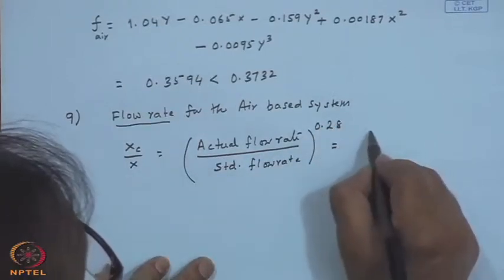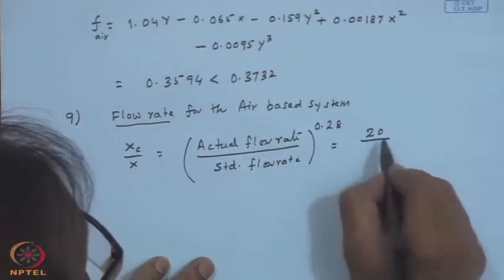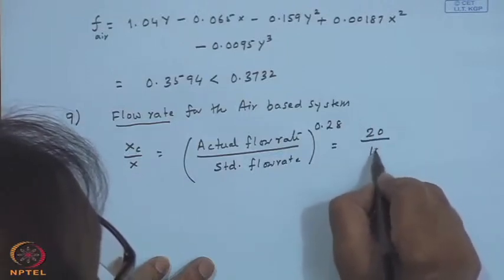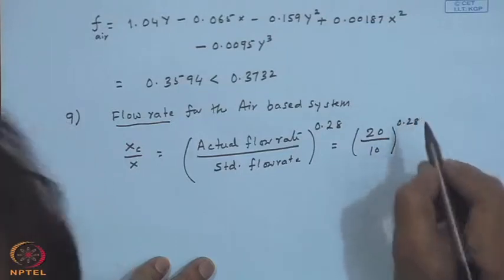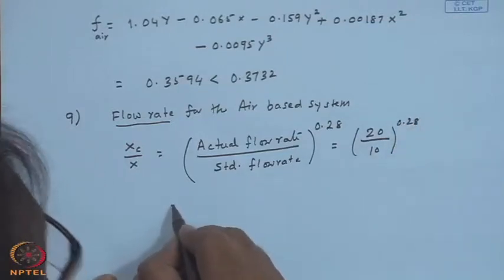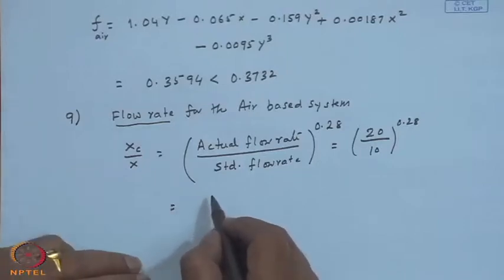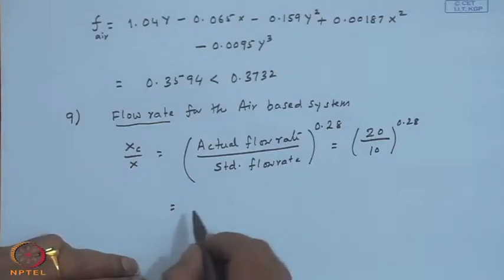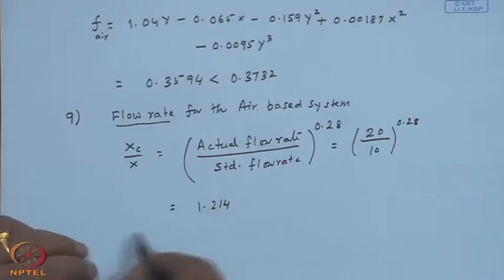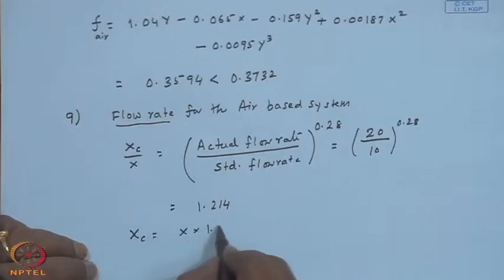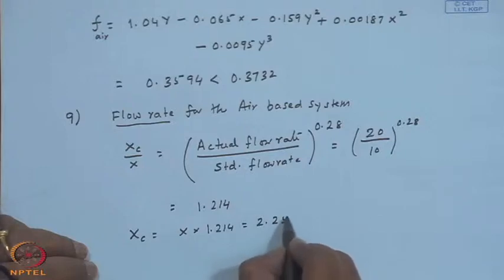So, the standard flow rate is 10, the actual flow rate is 20, to the power 0.28. That will be equal to 1.214. So, the corrected value of x c will be x into 1.214, which will be 2.25.